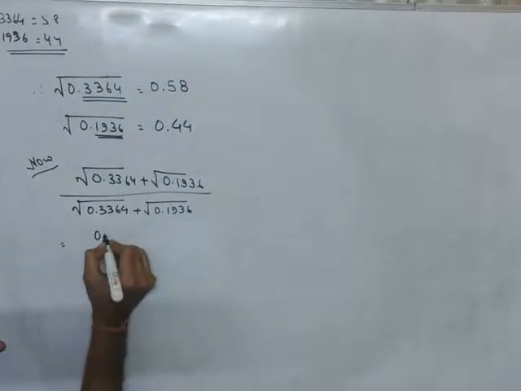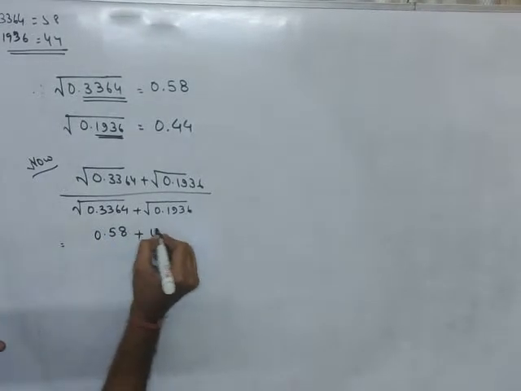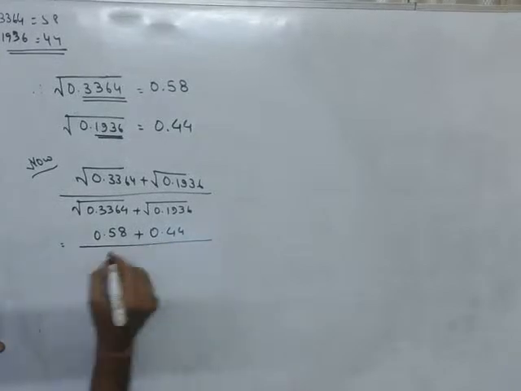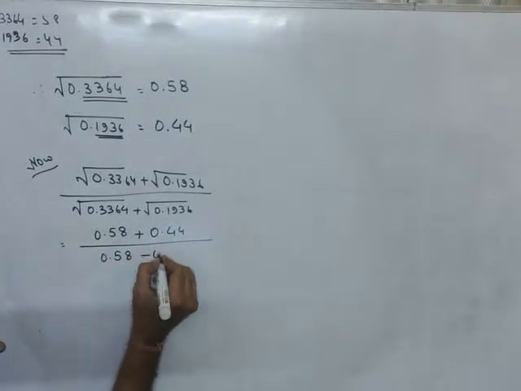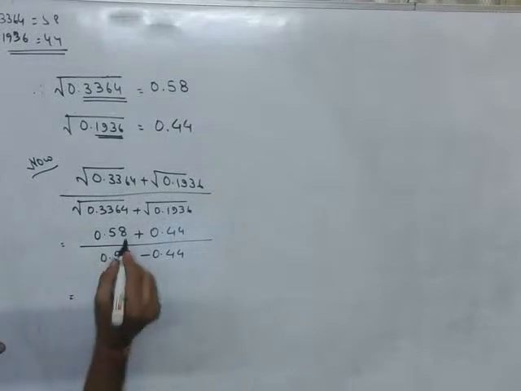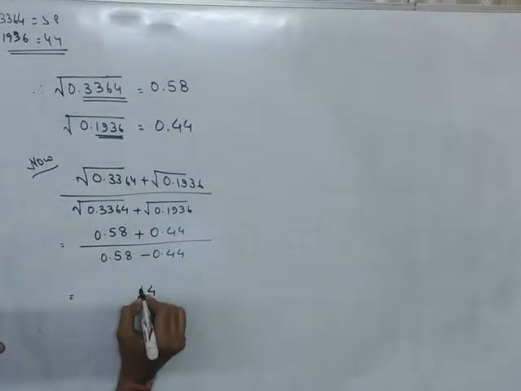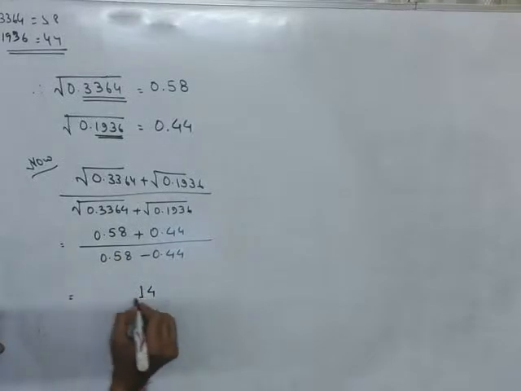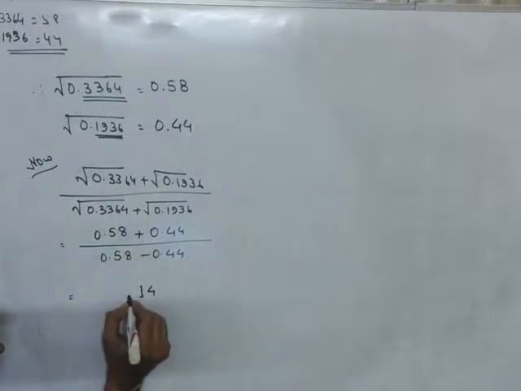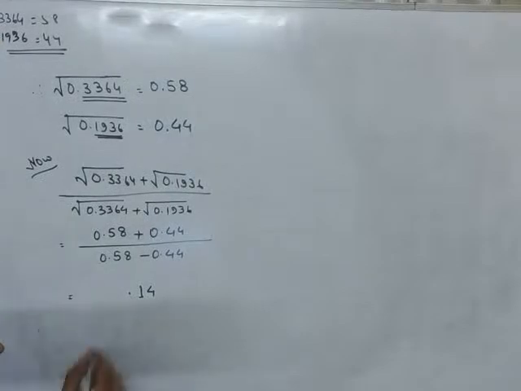So here 0.58 plus 0.44 divided by 0.58 minus 0.44. 8 minus 4 is 4. 5 minus 4 is 1, and decimal is there, so after decimal we write a 0.